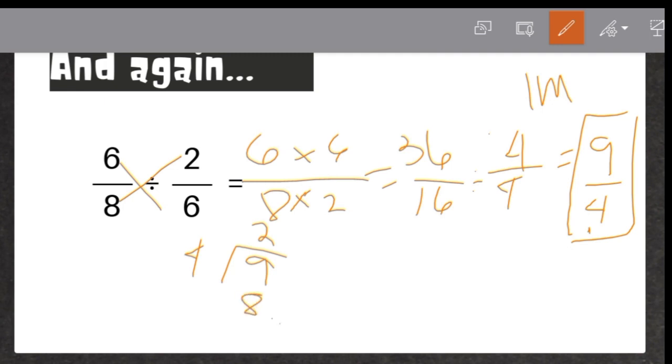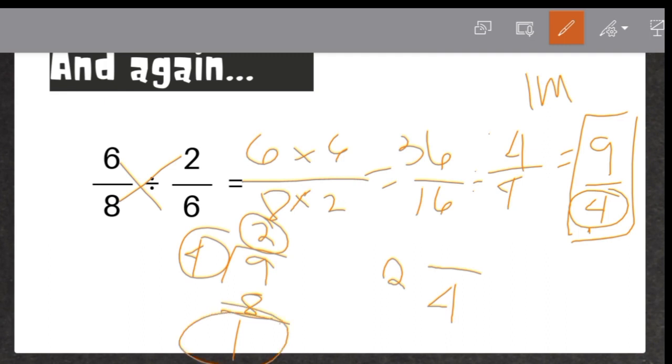Since 4 times 2 is 8. So what we're going to do is our denominator stays the same, right? So that will be our denominator. The quotient is our whole number, and the remainder is our numerator. So this is the final answer.